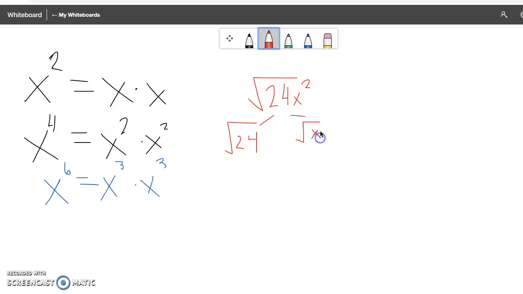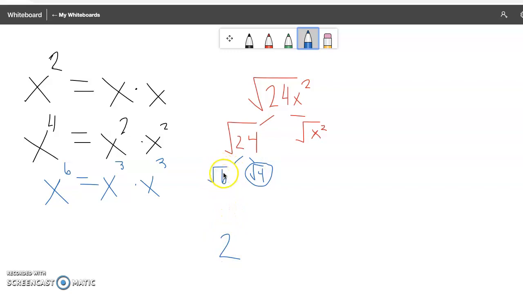Okay. So first I'm going to start with 24. And again, you want to think of perfect squares. And I know that 6 and 4 work because 4 is a perfect square. So I see that 4 is a perfect square and the square root of 4 is 2.